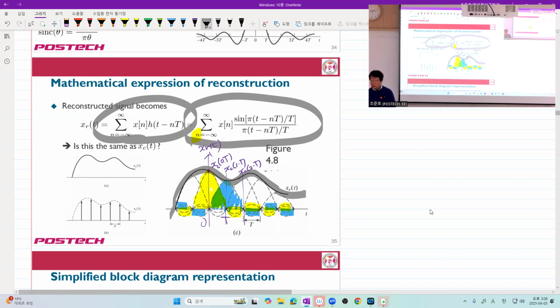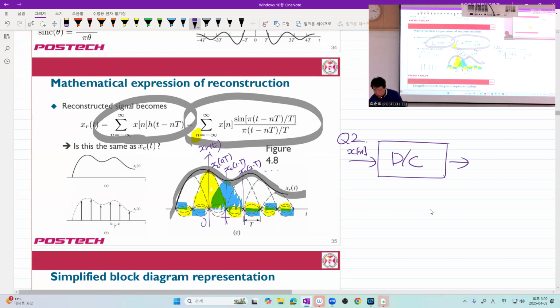Got it? And you may still say, well, what about the complete picture of the C to D to C converter? The D to C converter can be viewed as a two-stage representation again.